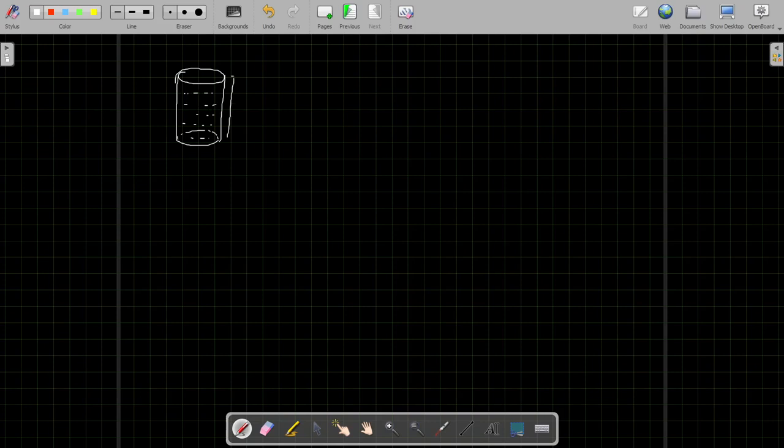Its height is, let's say, 50 centimeter. What is the absolute pressure and gauge pressure acting at the bottom?